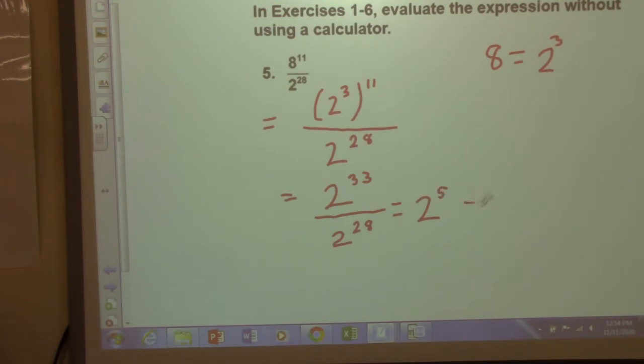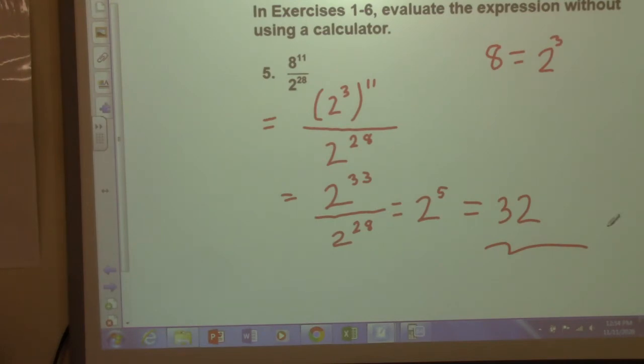Then 2 to the 5th power is 2, 4, 8, 16, 32. It's going to be 32, okay? 32 is our answer for this.